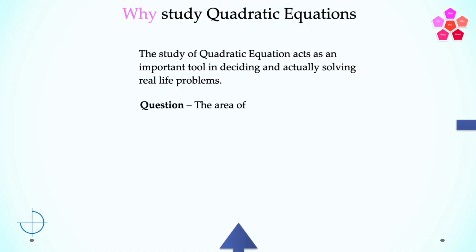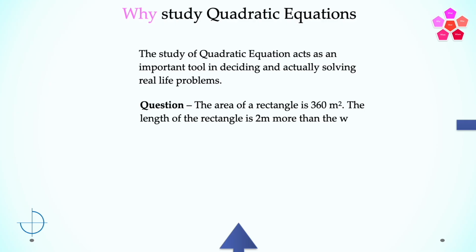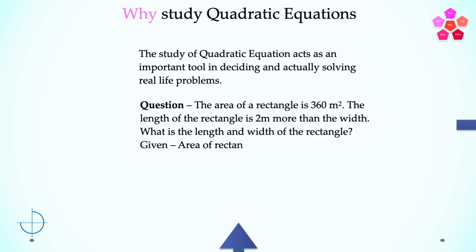The area of a rectangle is 360 meters square. The length of the rectangle is 2 meters more than the width. What is the length and width of the rectangle? It's given the area of a rectangle is equal to length multiplied by width. So let's take x as the width so that length becomes x plus 2.